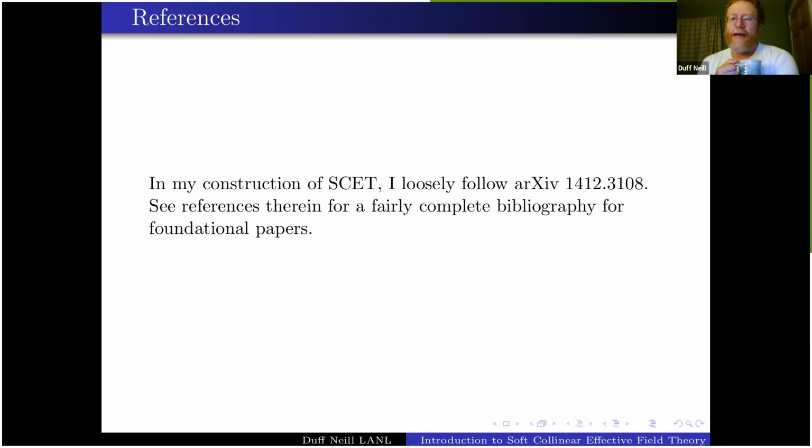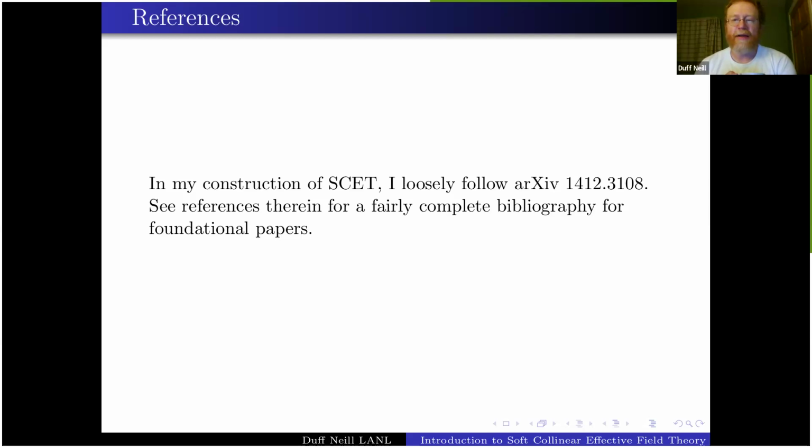In my construction of SCET, I'm going to loosely follow this particular paper that I wrote, I guess, a decade ago now. It doesn't feel like it was a decade, with some colleagues at MIT. While we didn't set about constructing SCET, we had hoped to engineer that paper to be for a broader audience than the SCET community.